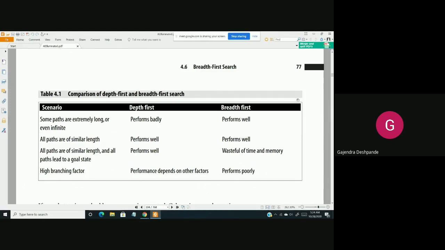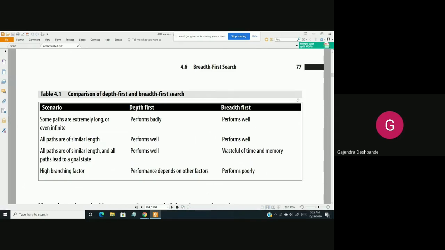So the first scenario is that some paths are extremely long or even infinite. That is the same point which I was discussing just a few minutes ago. If some paths are extremely long, it means you have infinite depth or relatively longer paths.